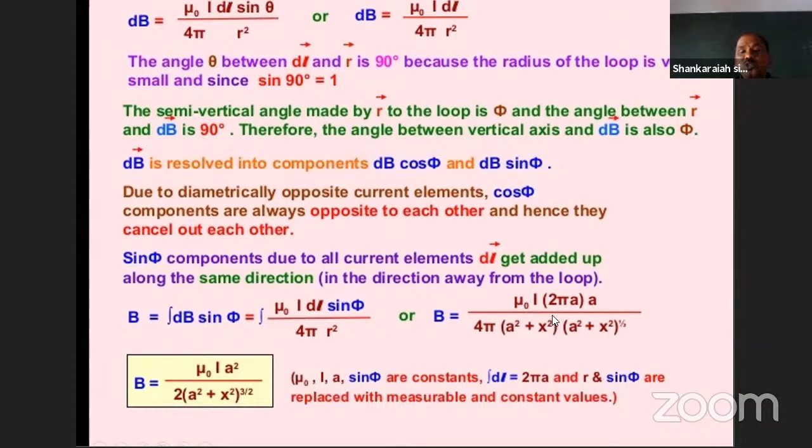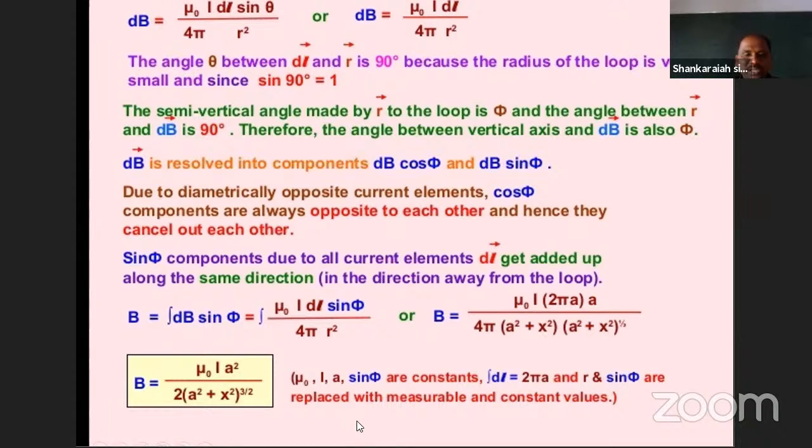This power is 1 and this power is 1 by 2. Bases are equal, so add the powers: 1 plus 1 by 2 is nothing but 3 by 2. Here B is equal to mu naught I a square divided by 2 of a square plus x square whole power 3 by 2.